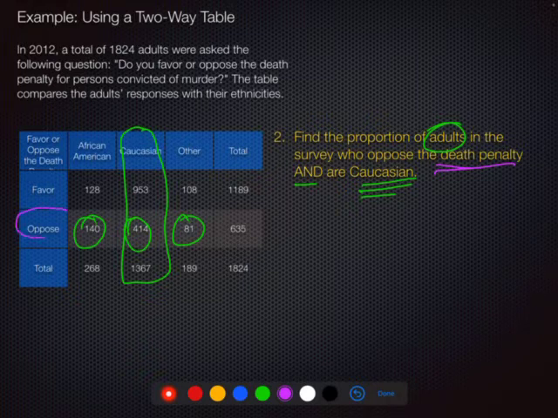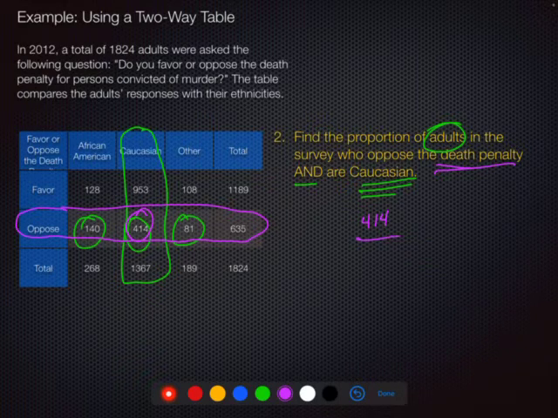Where they overlap is right there, at the 414. So there's 414 people that are both Caucasian and oppose it.